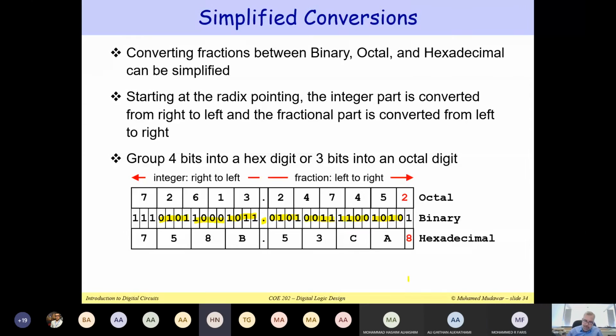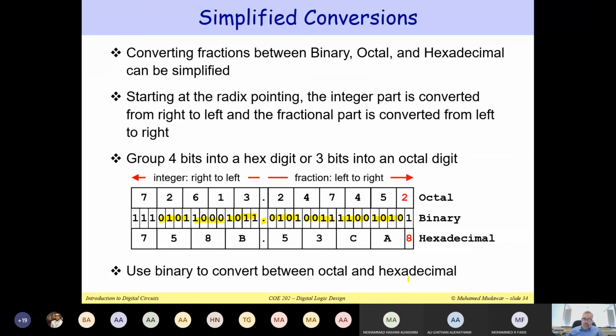Excellent. So now we understand how we can convert between binary and octal and binary and hexadecimal. If I would like to convert from octal to hexadecimal directly, I can go from octal to binary and then from binary to hexadecimal, and vice versa. If I would like to go from hexadecimal to octal, I can go to binary first and then to octal. Could you repeat the last point?